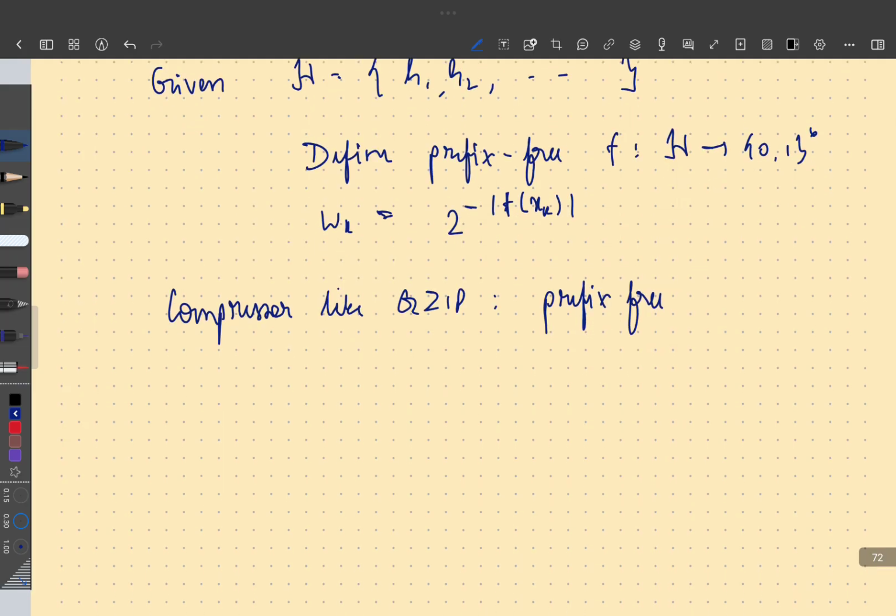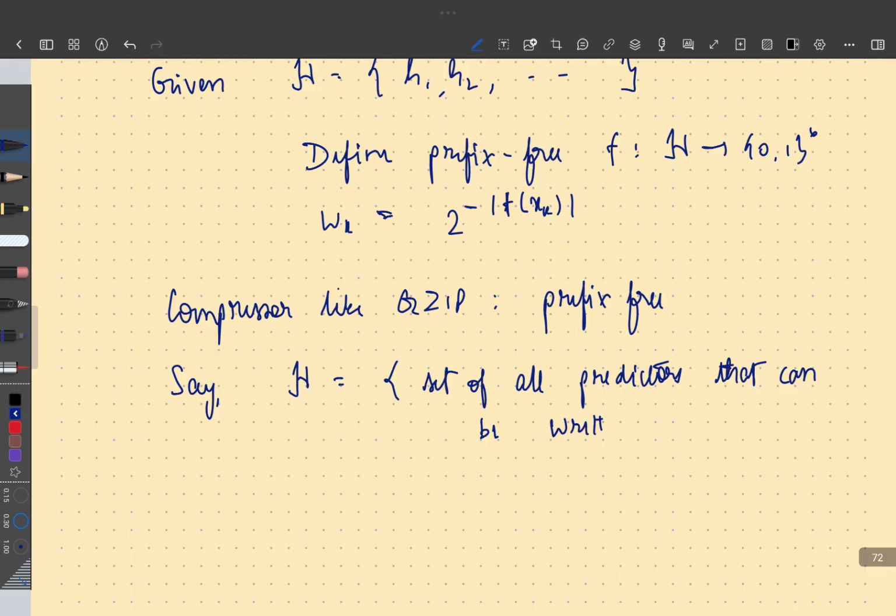And the size of f of xk, so let's suppose that each h is a set of vectors that can be expressed as, let's say, C code.